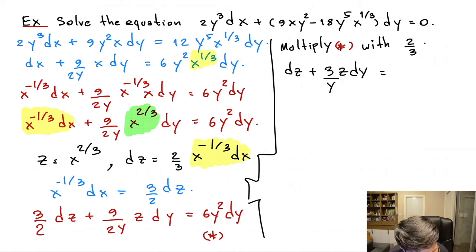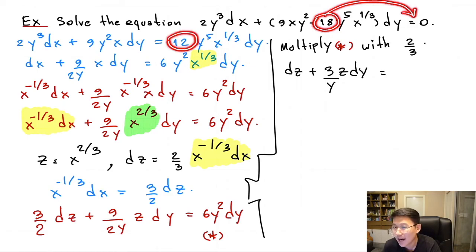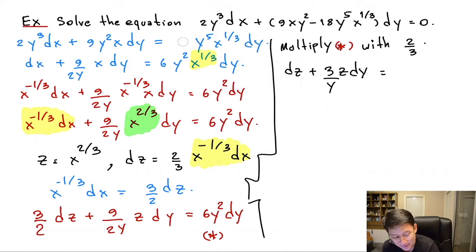Is it? Oops. One second, I probably did something wrong. Yeah, here it's 18, guys. It's 18. When I move to this side, I change it to 12. I don't know why I did that. I'm sorry. So let me change it back to 18. Okay, so when this is 18 divided by 2, they will become 9.